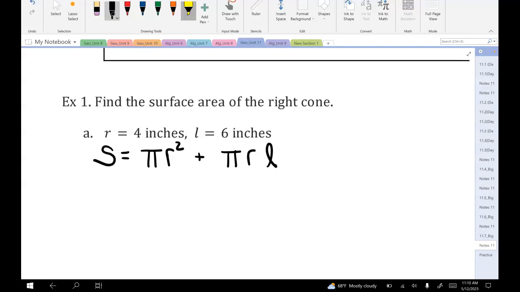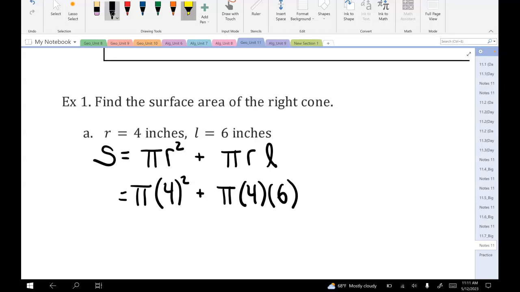And it doesn't matter for these what order they're written in, since order in multiplication doesn't matter. But let's plug in what we know. Pi is pi, our radius is 4, so this would be 4 squared, plus pi times 4, our radius, times our slant height, 6.